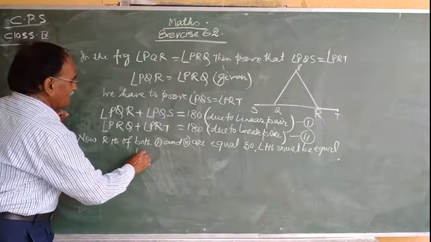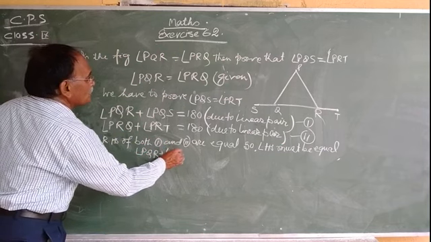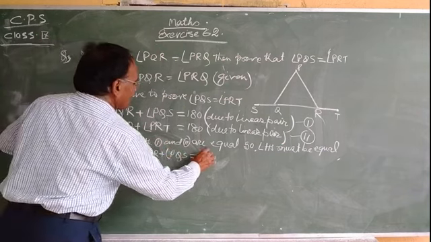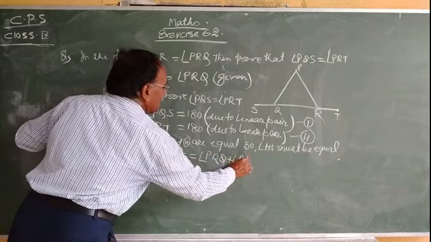LHS is angle PQR plus angle PQS equal to angle PRQ plus angle PRT.